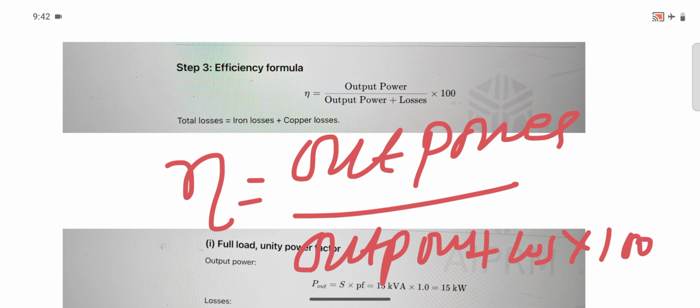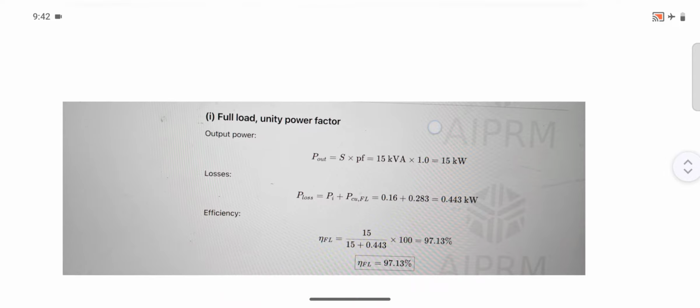This is our efficiency. And total loss, as we know, is iron loss plus copper loss, which we already calculated. Now we have to calculate efficiency at full load when the power factor is unity, that is 1.